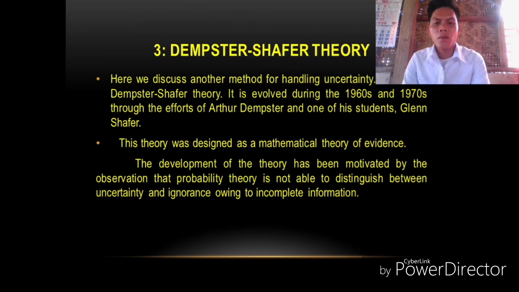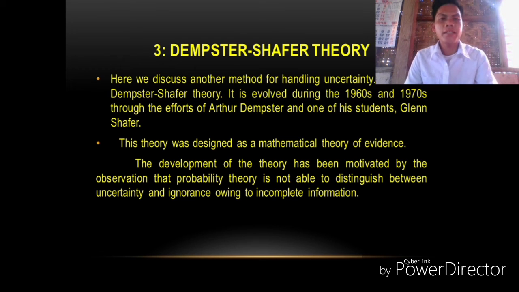The third technique of uncertainty reasoning that I am discussing is Dempster-Shafer theory. Here we discuss another method for handling uncertainty. It is called Dempster-Shafer theory. It evolved during the 1960s and 1970s through the efforts of Arthur Dempster and one of his students, Glenn Shafer.